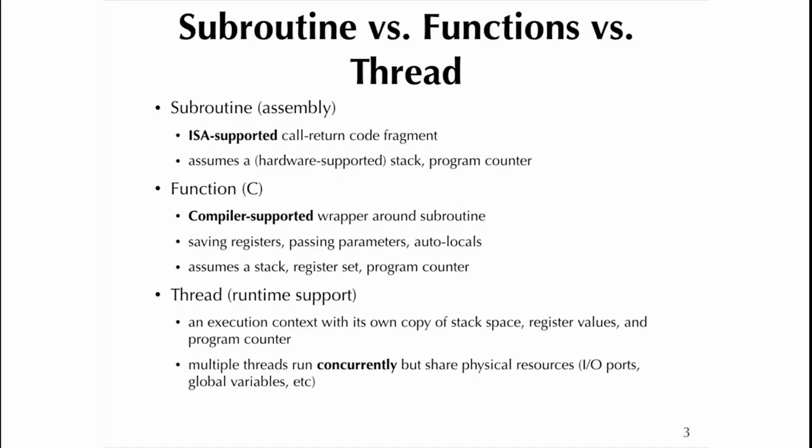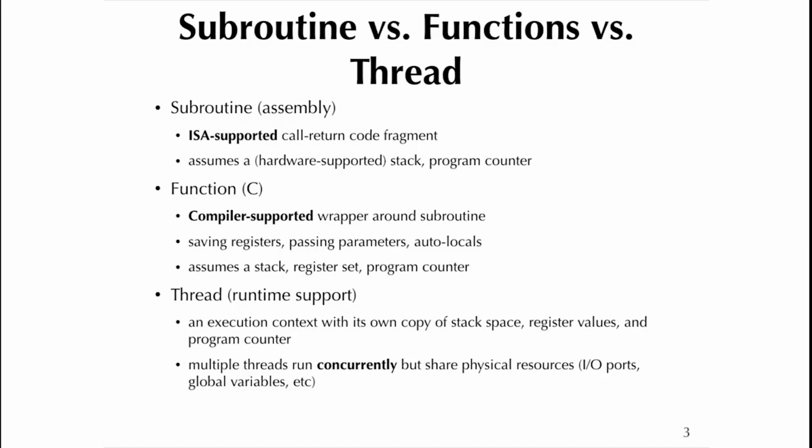A thread, on the other hand, is a runtime abstraction in the sense that it is an artificial concept, a software concept, even though it still makes use of some of the features you see, including subroutines, including functions. Why? Because by default, if you just run the hardware, it's just assuming a program counter and a stack, right? It's just assuming a single thread.